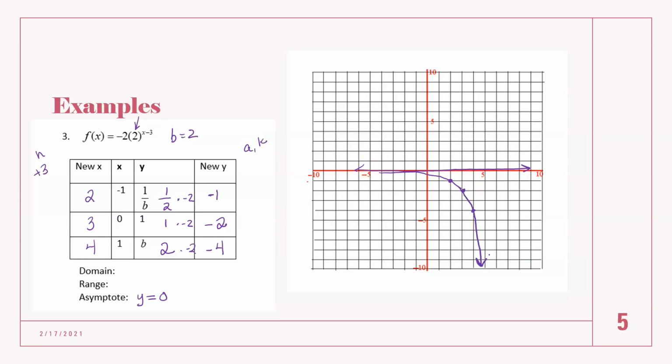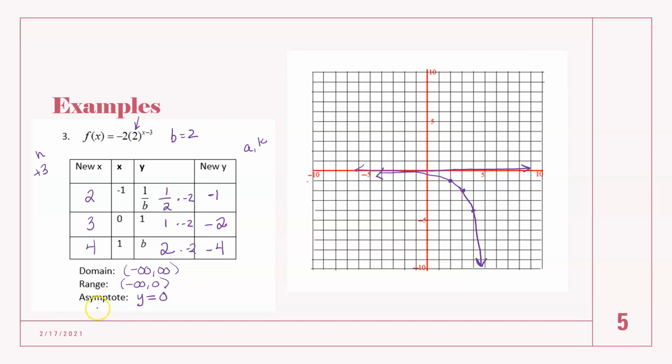So this one is reflected upside down because we have that negative sign, reflecting over the x-axis. Okay, so let's start with the domain. Again, this is negative infinity to infinity, because we're going left to right, and that's going on forever. Range, we're going to start with the lowest. So we have negative infinity, 0.